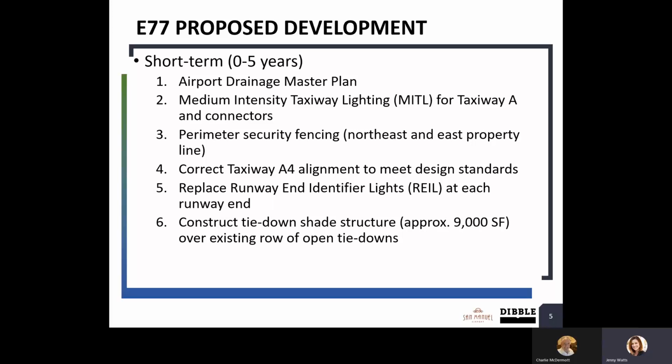It'll serve as the baseline to determine the drainage patterns at the airport, and that will be important for all of the future infrastructure development at the airport. Some of the other highlights include taxiway lighting improvements, some security fencing enhancement, and then just some airport geometry. Next slide, please.